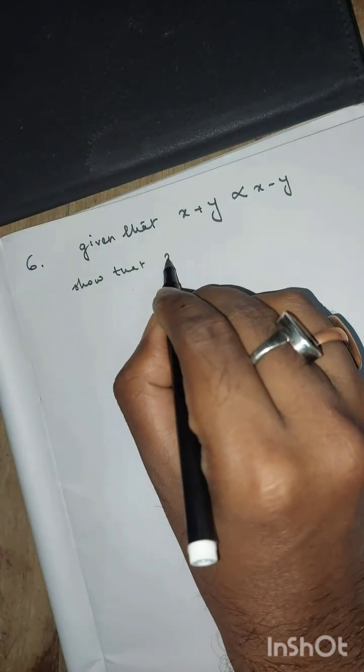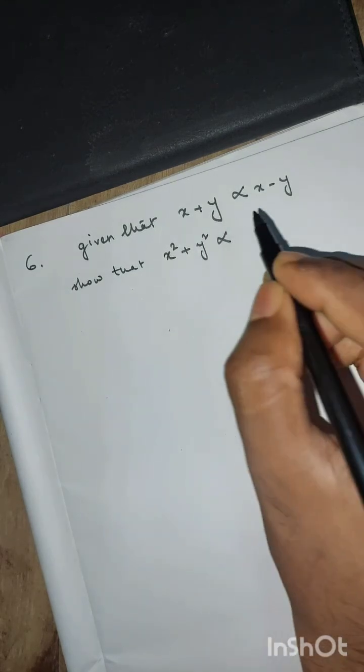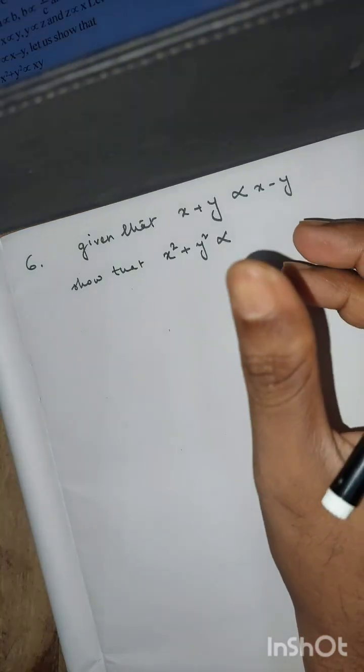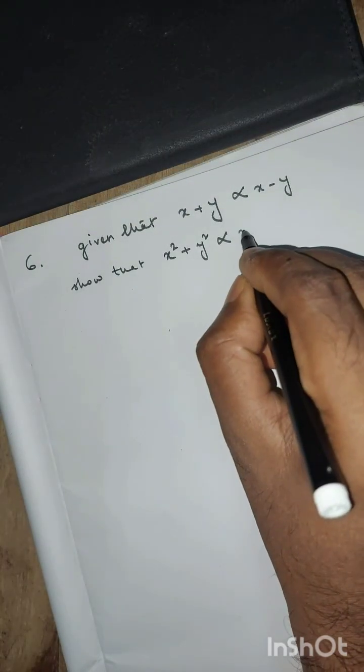Show that x square plus y square varies as xy.